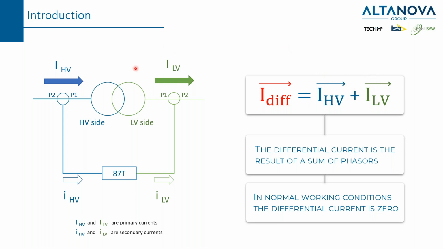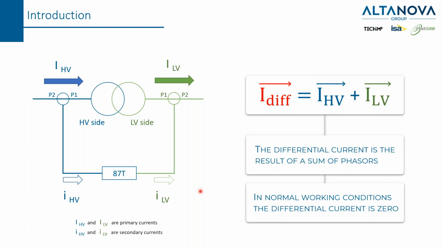We also have to agree on a convention. All the currents going into the transformer are positive. All the currents going out from the transformer are negative. So the minus is inside the direction of this vector.